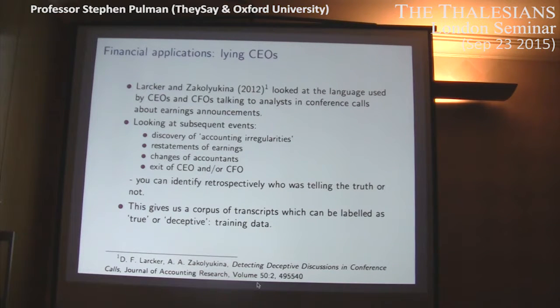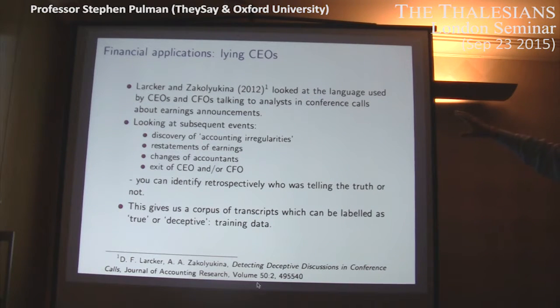The assumption was that in some of these cases people are not telling the truth. How do you tell that? Well, you look at what happened in the six months following. After the earnings release, if the CFO mysteriously moves on, or the CEO resigns, or they change their accountants, or the earnings are restated, or something like what happened to Tesco last year, then somebody was not telling the truth.